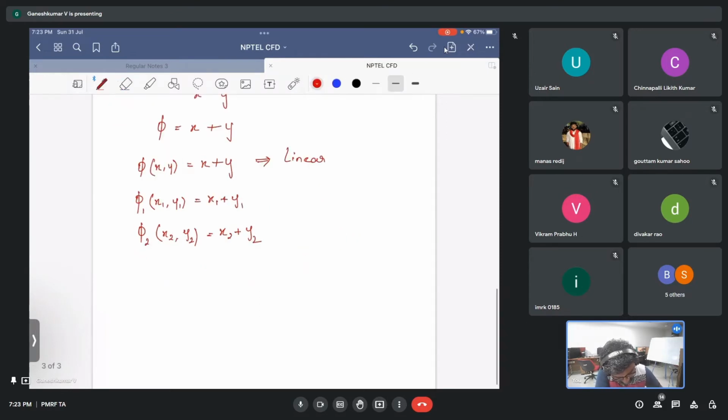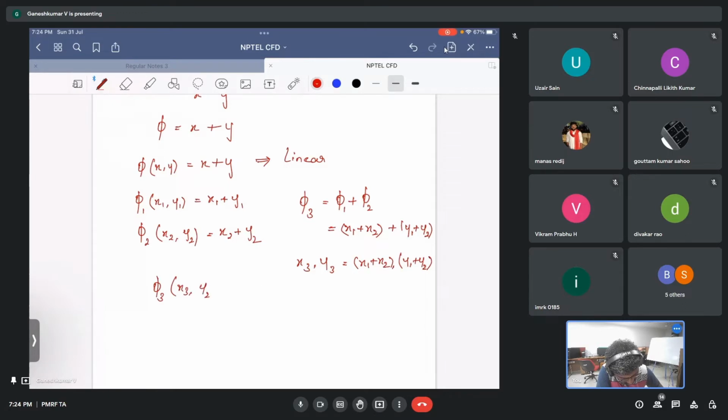If I write another function, let's say phi 3, which is a function of phi 1 plus phi 2, I can simply write x1 plus x2 plus y1 plus y2. Similarly, I can also define variables x3 and y3, which are x1 plus x2 and y1 plus y2. So when I write phi 3 as a function of x3 and y3, it actually scales linearly.